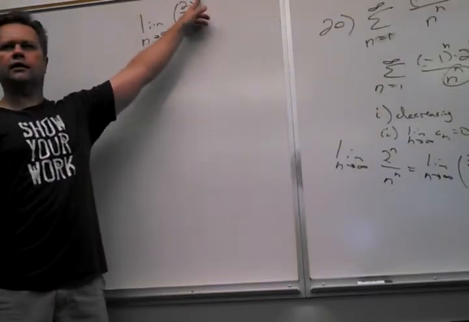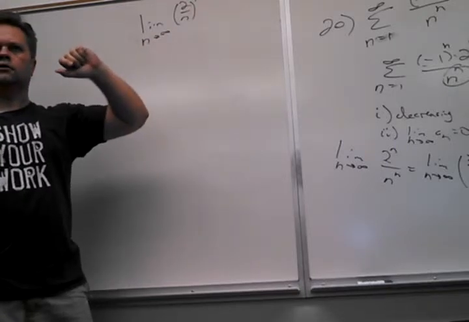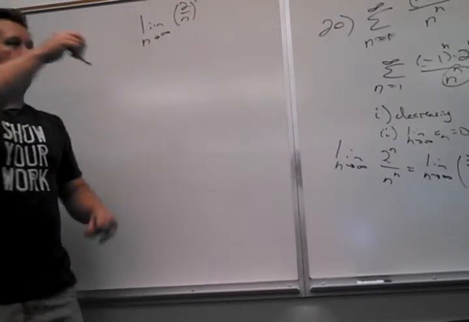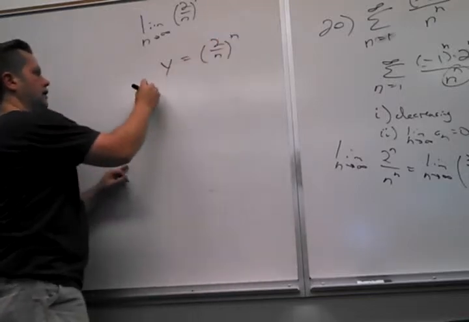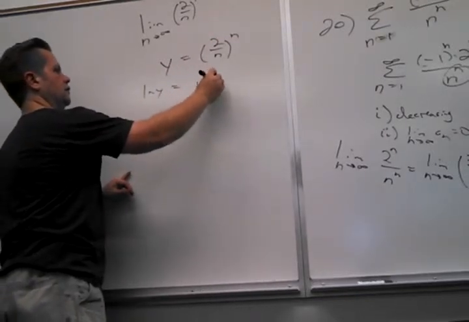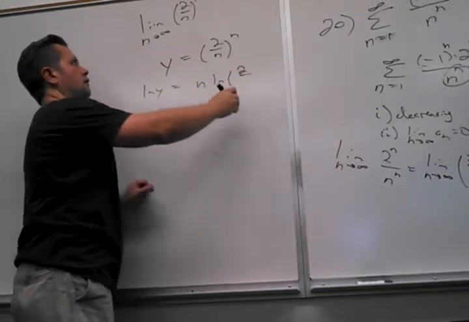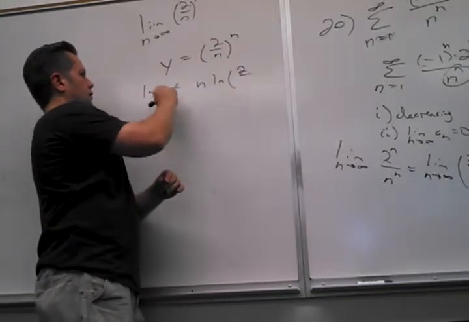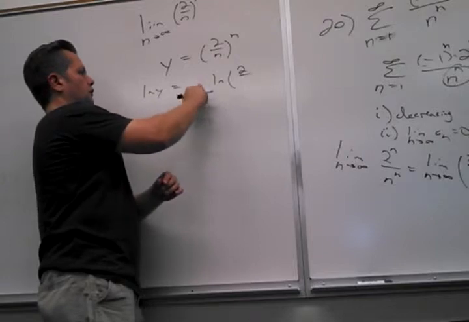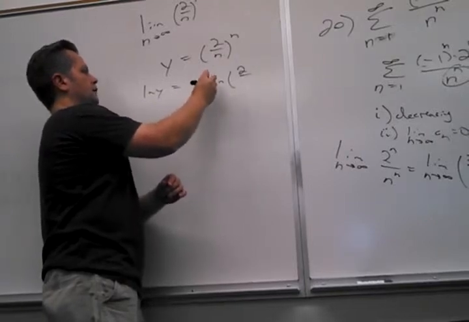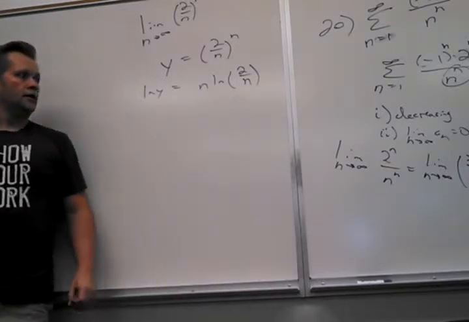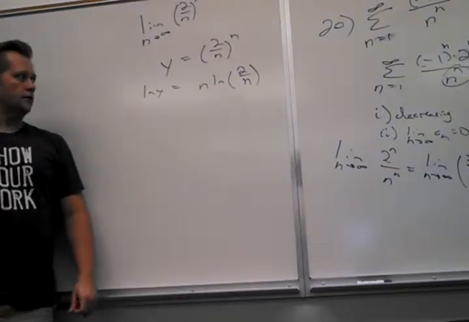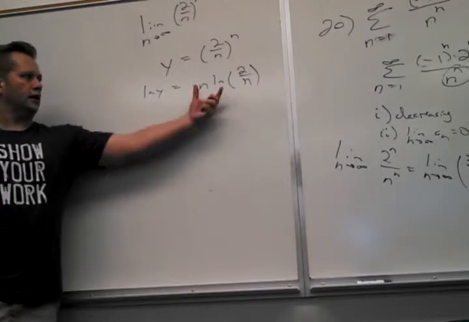Now, you remember how to take care of that power? Yes, exactly. So what I do is I say, okay, I'm looking at this guy here. If I take ln of both sides, we might as well make this real values here. Well, let's see what we need to do. And then I can do the limit here.